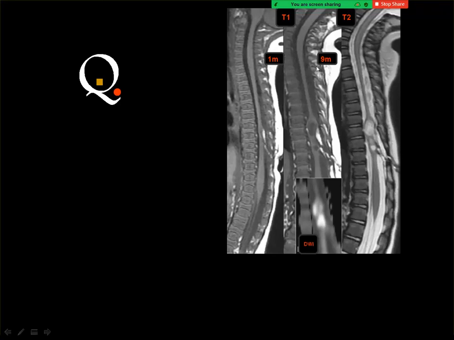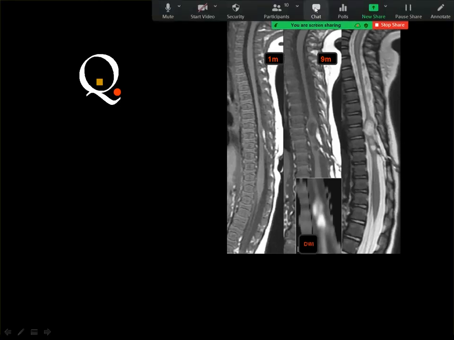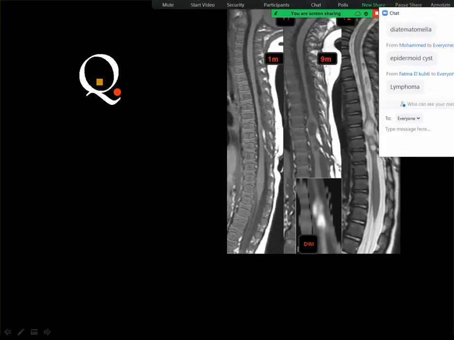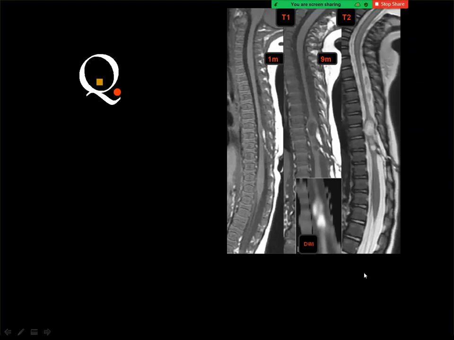At the age of 9 months, sagittal T1 and the T2 weighted images, and this is the diffusion weighted images. Okay, epidermoid cyst is the right answer.